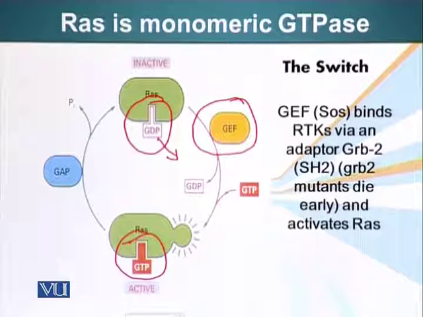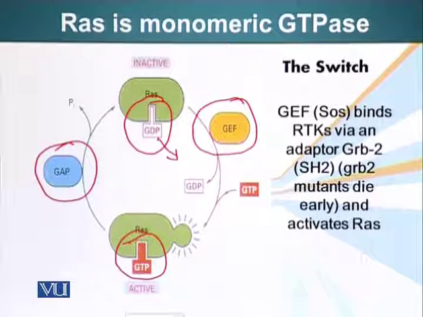Like all signaling molecules, it is very important that we turn them off. G protein can hydrolyze GTP into GDP and become inactive. RAS does not have that ability. RAS needs help from another molecule called GAP to hydrolyze GTP into GDP so the switch is back in the off state.